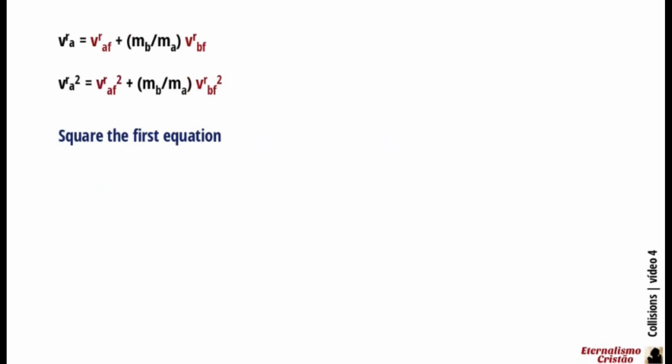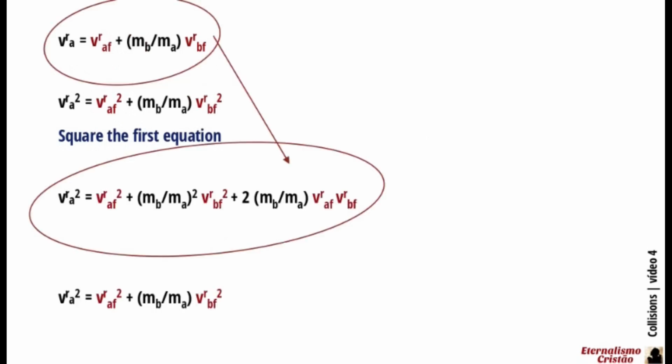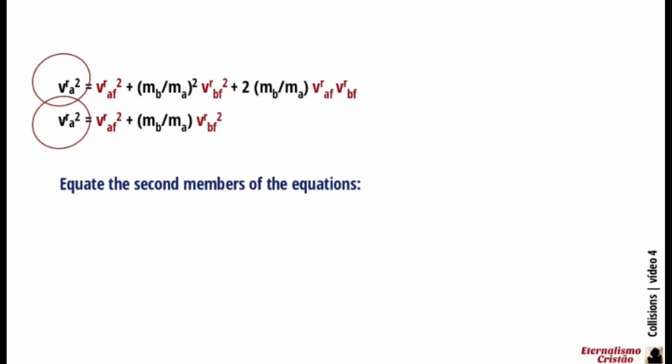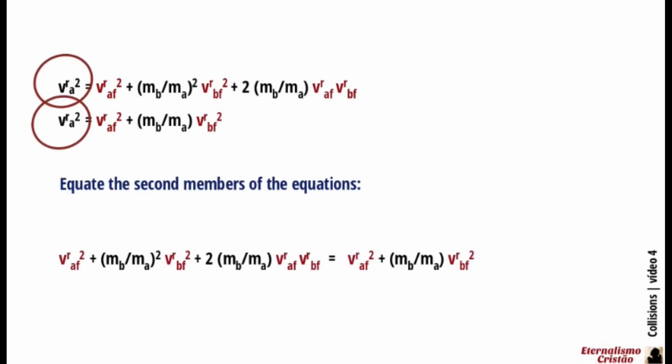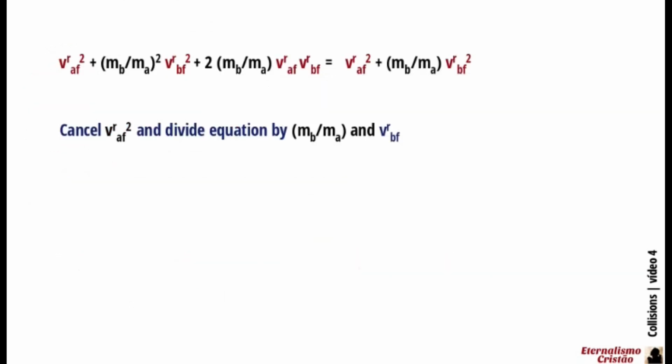Square the first equation. Equate the second members of the equations. Cancel v relative of final squared on both members. Divide the equation by mb over ma and by v relative of b final.